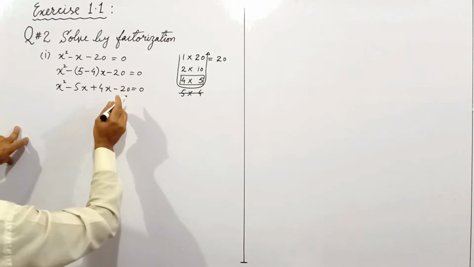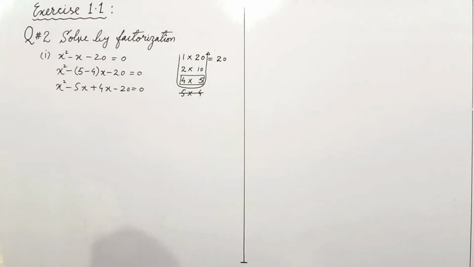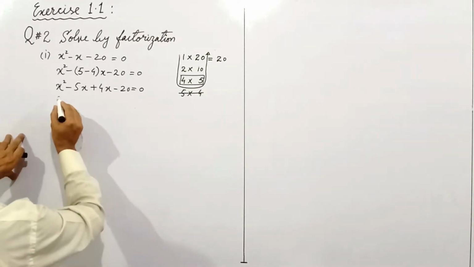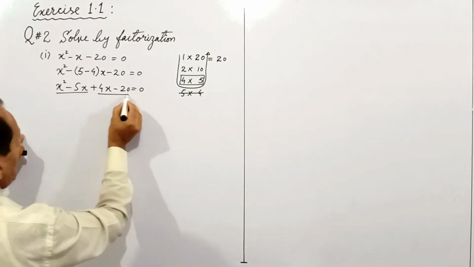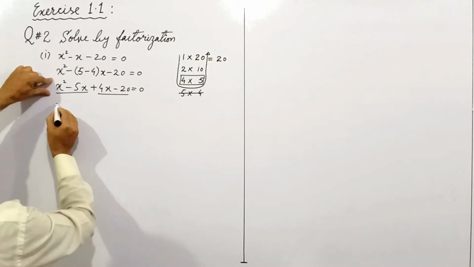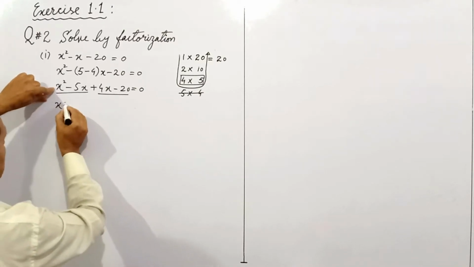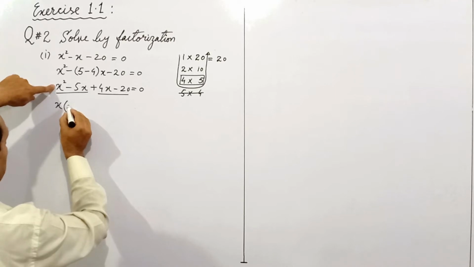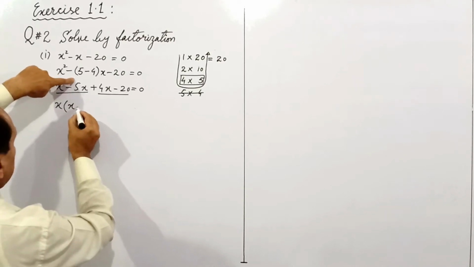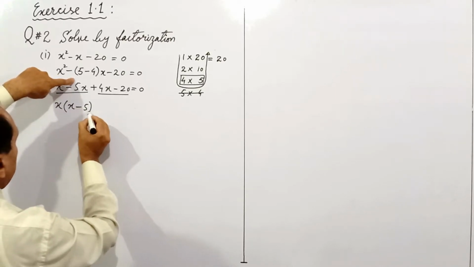And we are familiar that when we deal with 4 terms, we do common taking, in which we make pairs. In the first pair, we take x as common, and the first term remainder is x, and in the second term minus 5 is left.